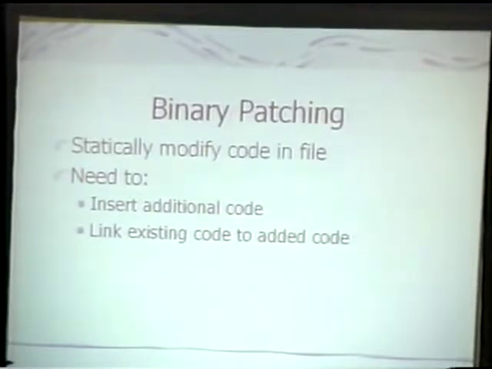When you see all those sites with cracks and stuff for shareware, that's basically what they all do. They just patch the code in the file. The basic process of binary patching is that you need to either modify the code which is there, just write over it with new code, or you need to insert additional code and modify the existing code to call the new code.